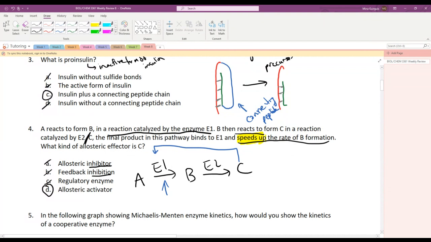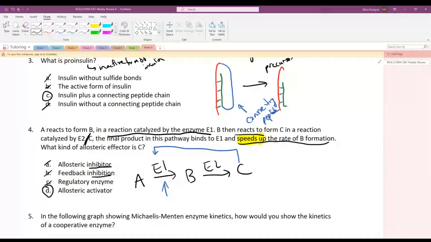So the idea of feedback inhibition is the idea that I want to activate my first enzyme, so that my second enzyme and my third enzyme, my fourth, and however many, all do their job and produce my final product that I need. But once I have that final product, I can stop. I don't need to keep going. I don't need to rush through anything. I want to stop making that final product because I don't want to waste my materials.